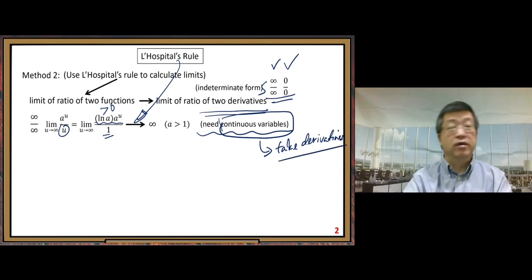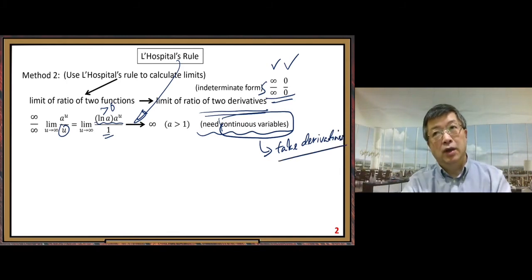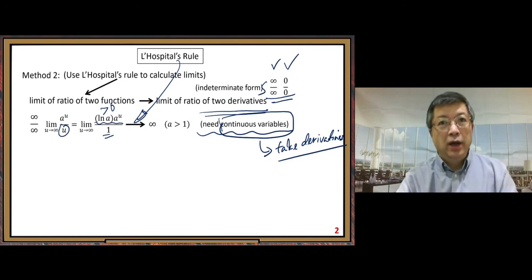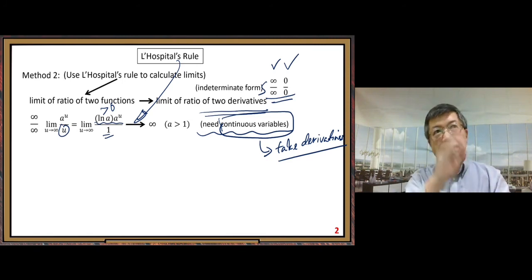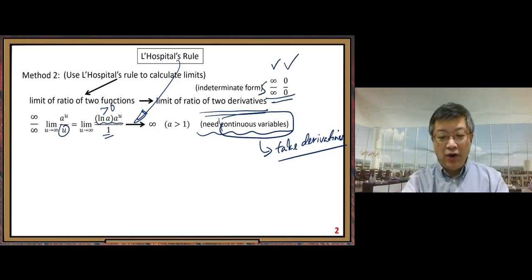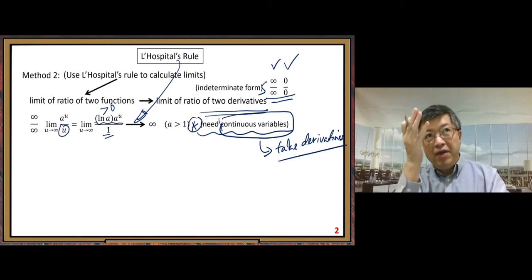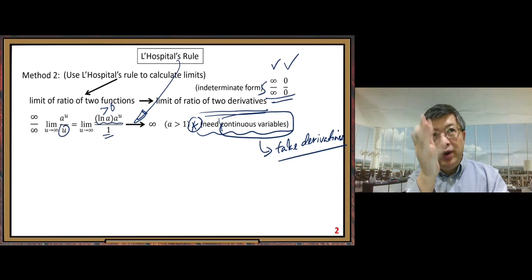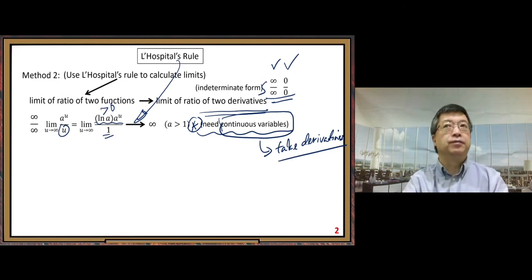Otherwise, you cannot take derivatives. So you should be careful. Let me use this example to explain this point. Important point. Mathematically, we want to do rigorous math here.